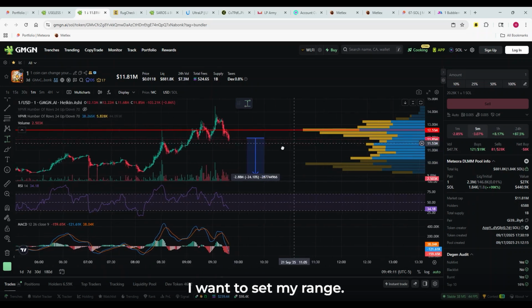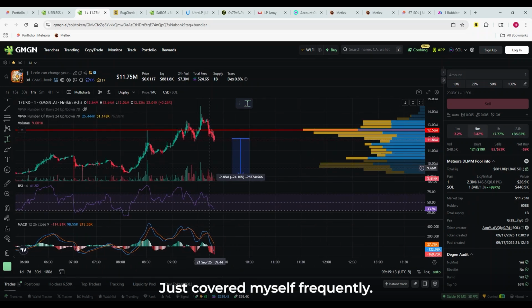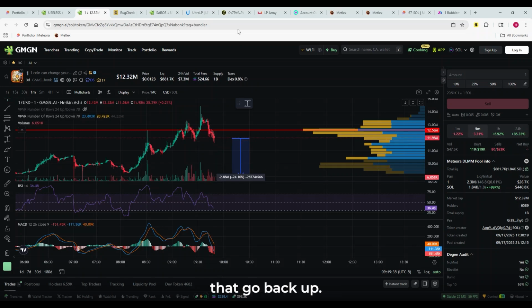So maybe that's where I want to set my range. Just covered myself. Personally, I'll usually go even lower than that. If it's a fresh meme coin, something very new, what a lot of people do is they'll go all the way down 70 or even 90% on a pure bid ask, just to make sure that they're not going out of range and catch any pumps that go back up.